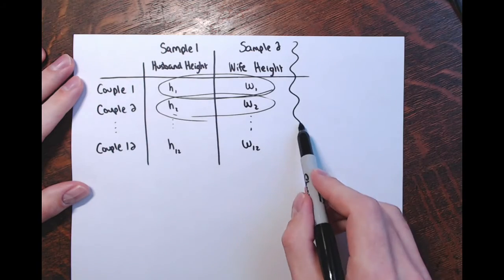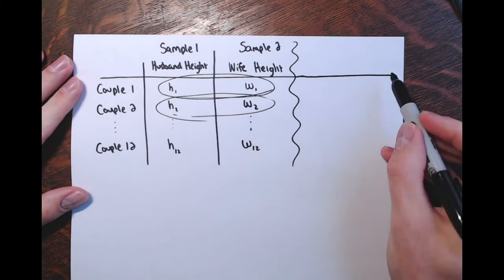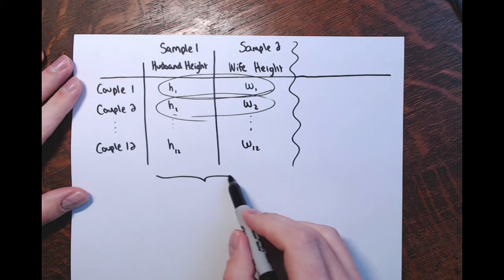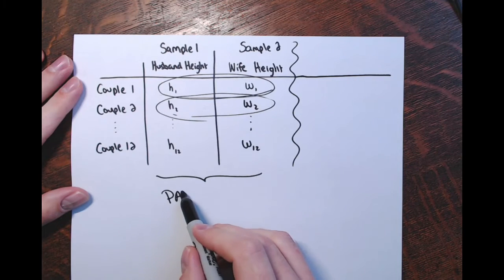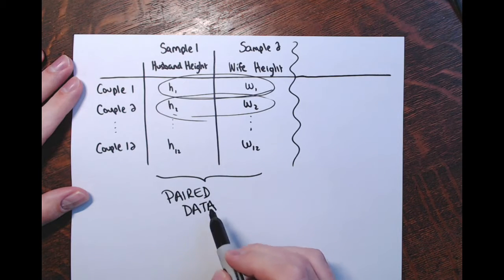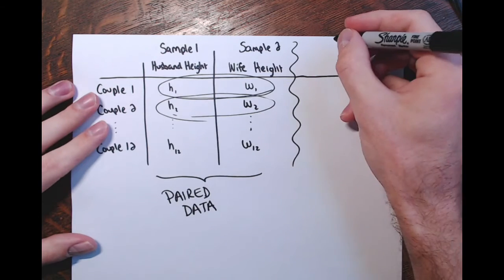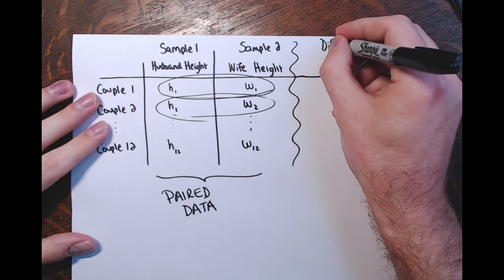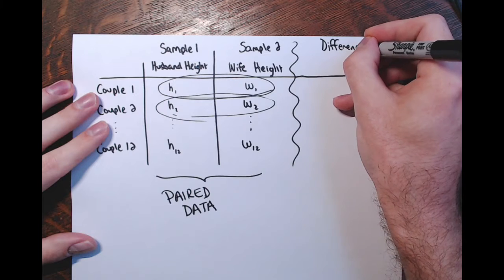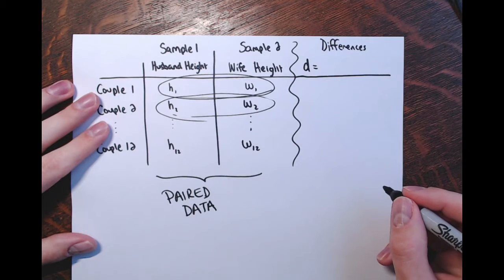If you recall from earlier objectives, when we have paired data, these dependent samples, we're going to transform it and take a look at the differences. We're going to transform it basically into one sample of differences. We'll call them D for difference.